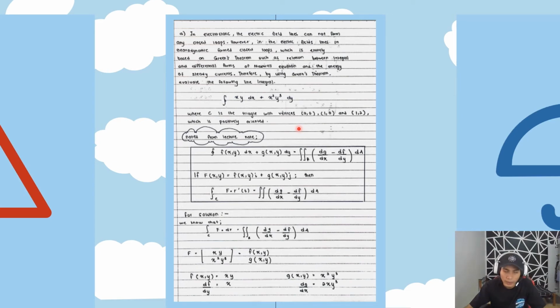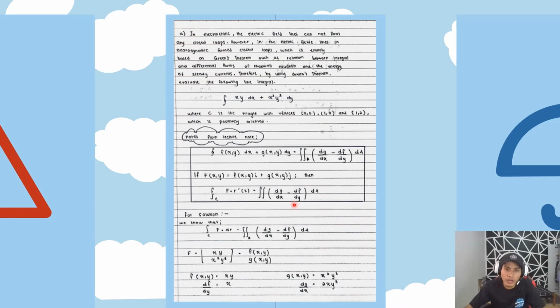So, note from the lecture notes for this solution: the integral of f(x,y) dx plus g(x,y) dy is equal to the double integral of dg over dx minus df over dy, dA. So the general equation of this solution is the integral over C of F dot r prime t equals the double integral of dg over dx minus df over dy, dA.